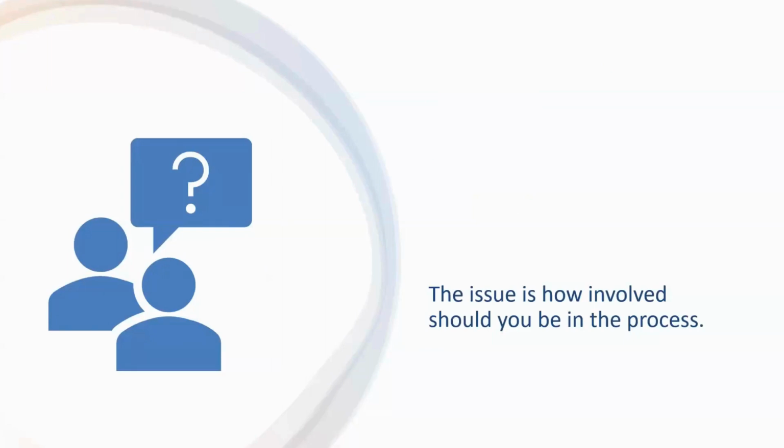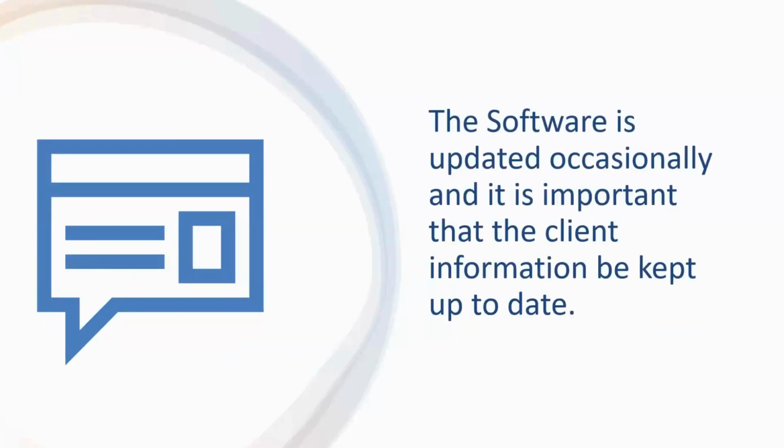So the real issue between the software and the licensee, and this is important, is how involved should you be in the process? Everybody's got a different opinion of that, but the software is updated occasionally, and it's important that the client information be kept up to date. So I highly want to encourage you, if you are a functioning licensee selling this on the retail level, that you at least schedule an annual review with your client.